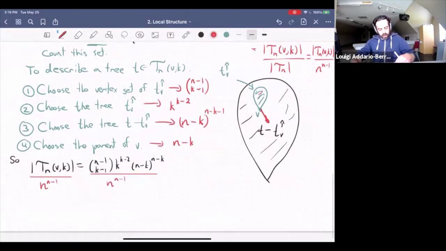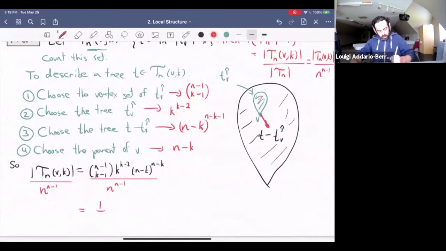And then if we gather terms, we can rewrite this as 1 over n to the n minus 1 times (n minus 1 falling factorial k minus 1) over (k minus 1) factorial. Then we still have k to the k minus 2, (n minus k) to the n minus k.